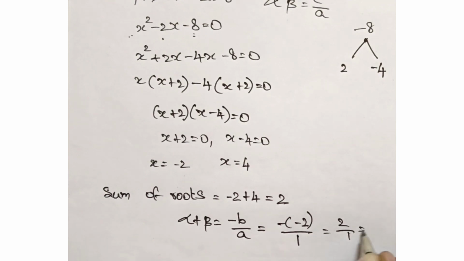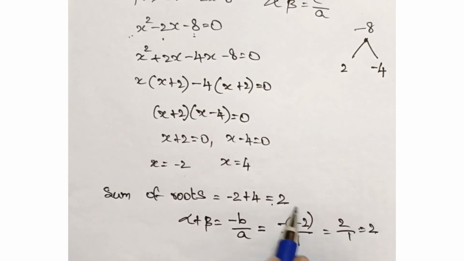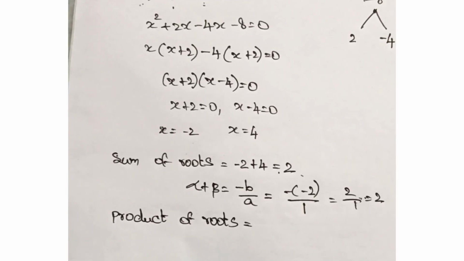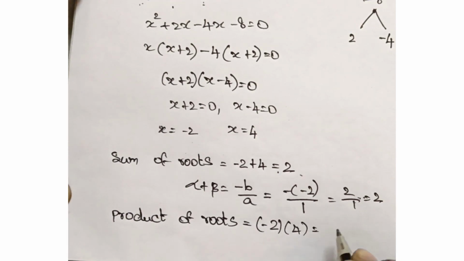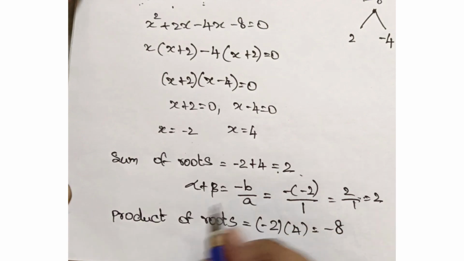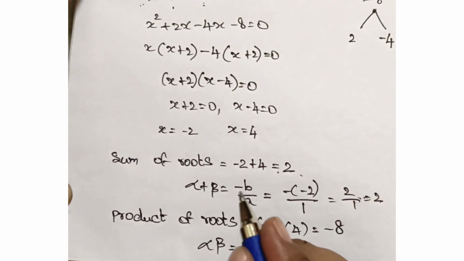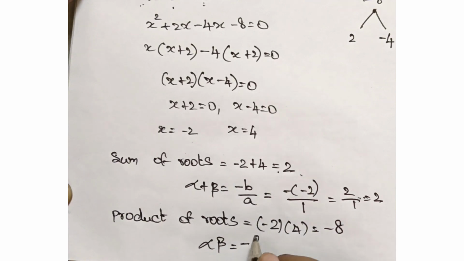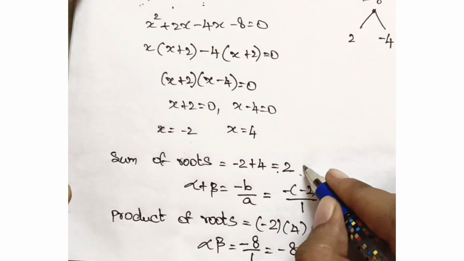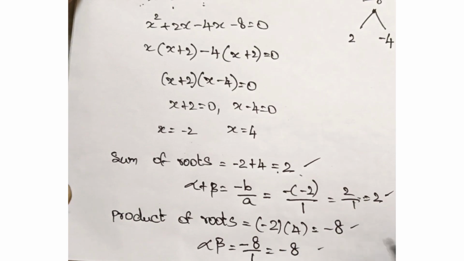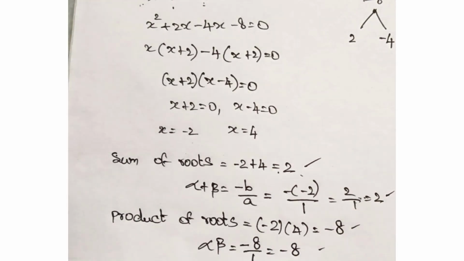Here 2 by 1 equal to 2. So this is same. Next, product of roots equal to minus 2 into 4 equal to minus 8. And the relationship alpha beta equal to c by a. What is c? The constant term is minus 8. Minus 8 by a. A is 1. So minus 8. Okay, finally we verified the relationship between the zeros and the coefficients.